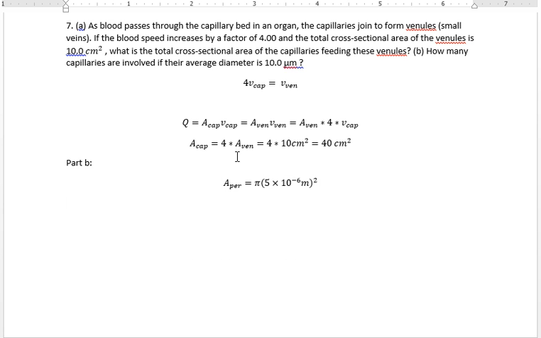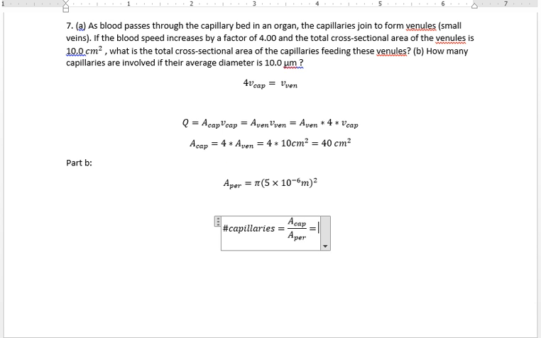That's the area per capillary. So the number of capillaries is just going to be the total area of the capillaries divided by the area per capillary.